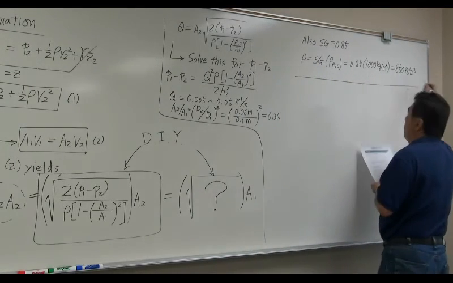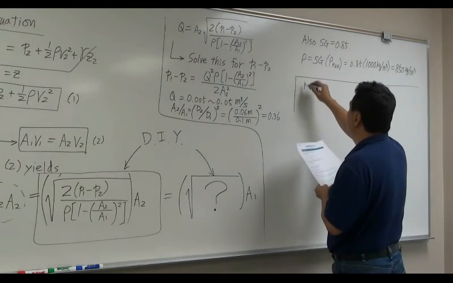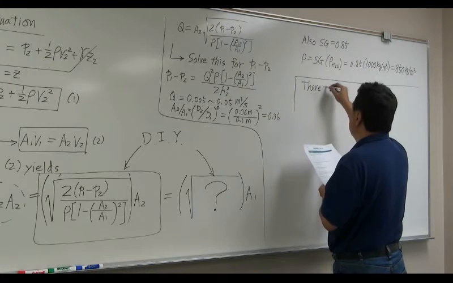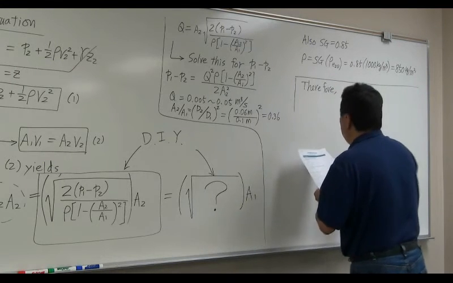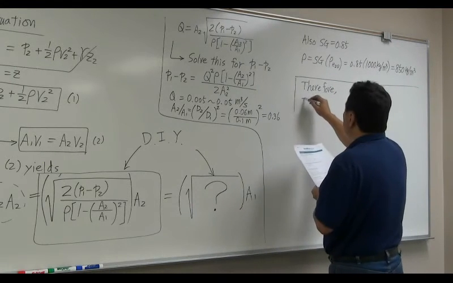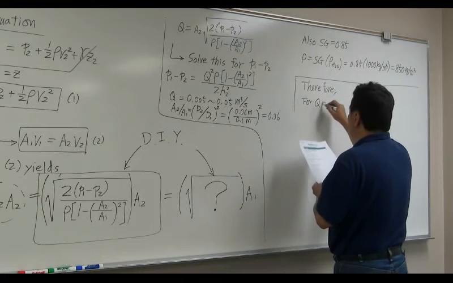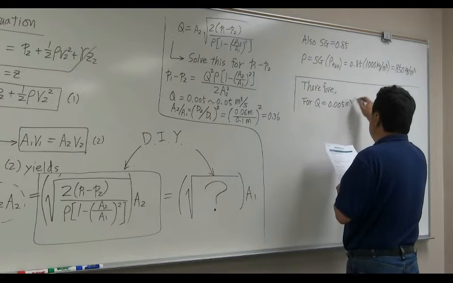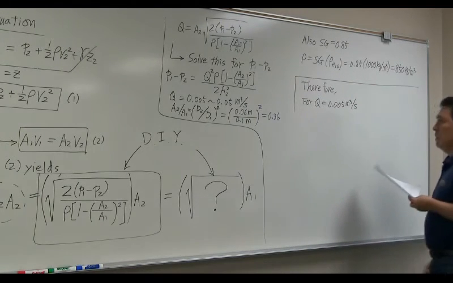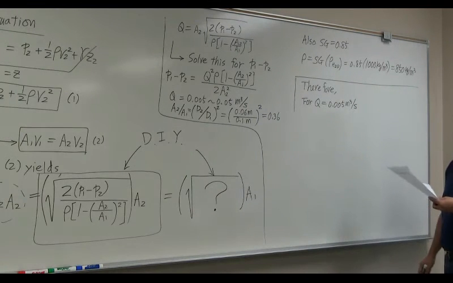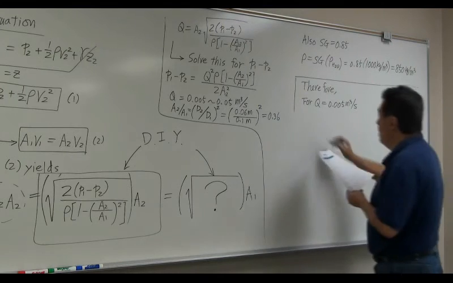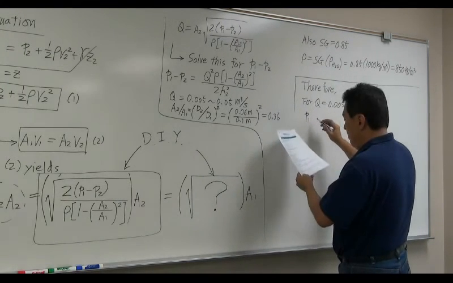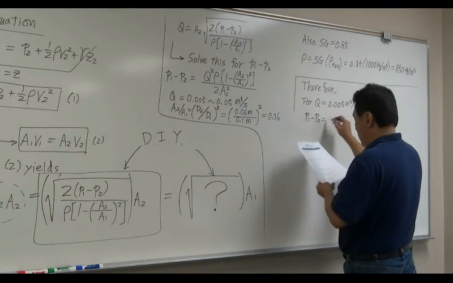All right. So these are all the conditions. So therefore, for the case of Q equal to 0.005 cubic meter per second, this is the lowest possible flow rate you expect to have. How much is the pressure difference P1 minus P2?